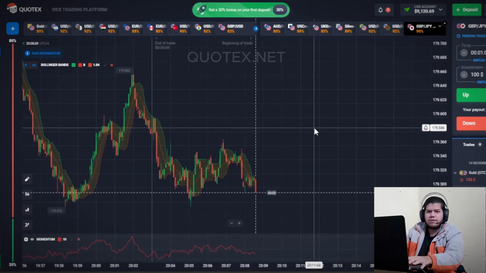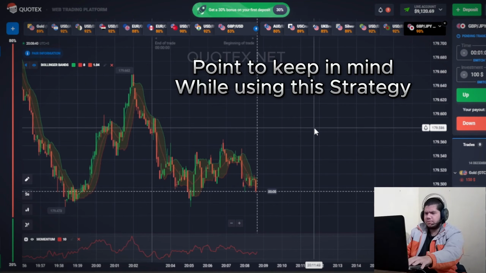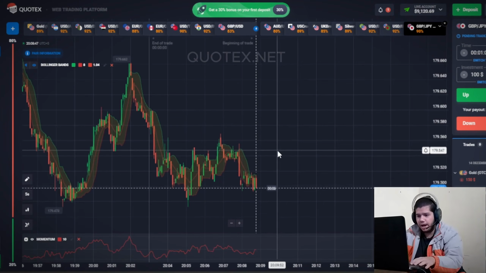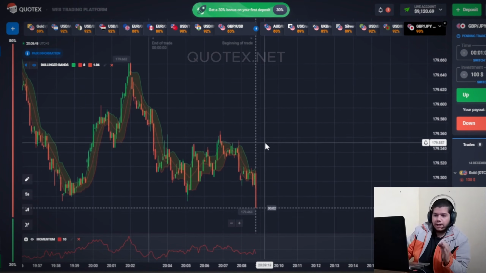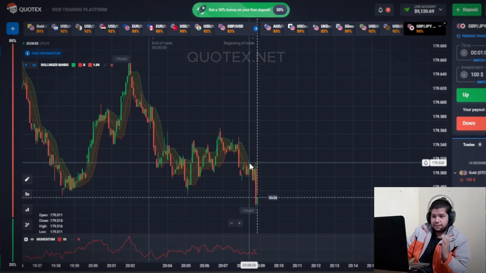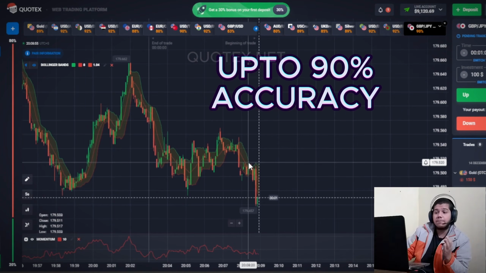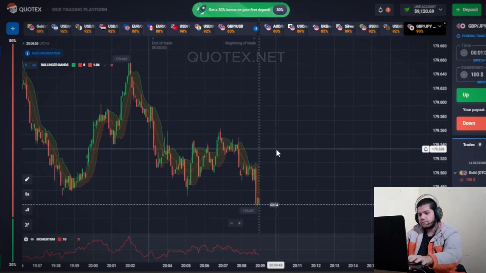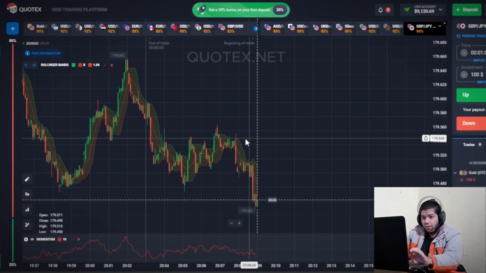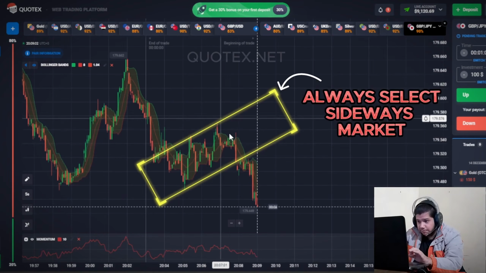Let me tell you some key points to keep in mind while using this trading strategy, which many people don't reveal to you guys. Whenever you use these confluences, you will optimize this strategy up to 80 to 90% accuracy easily. Whenever you are going to trade with this strategy, always use the sideways market.